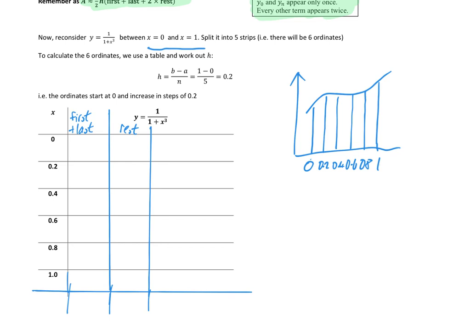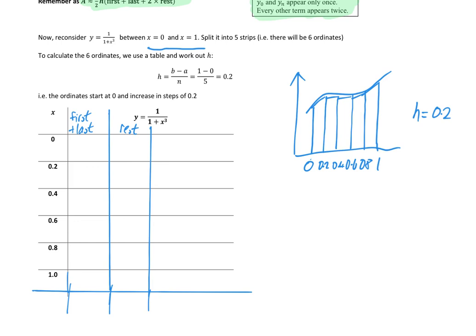But let's write that in again. h is equal to 0.2. That's the width of your strip, or the height of the strip, we could say. If you imagine you put those wee trapeziums in, you can see it's a very good approximation to the area under this curve.